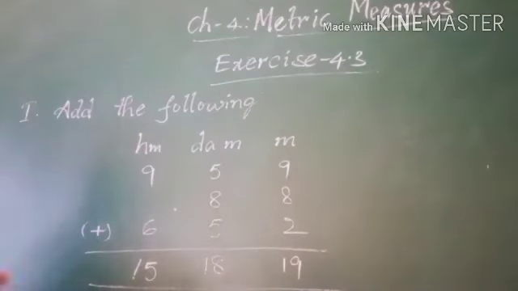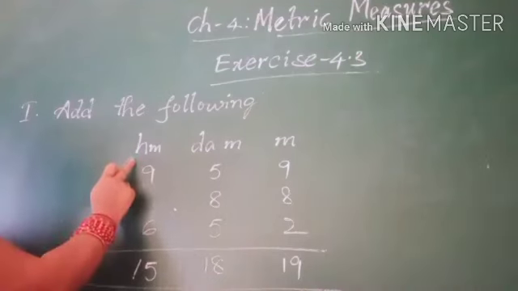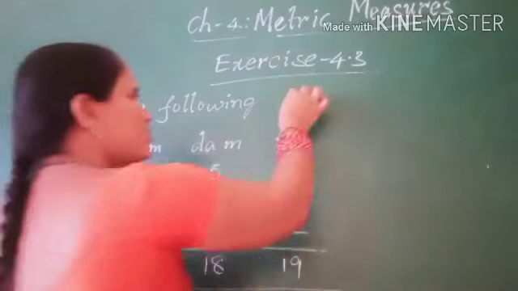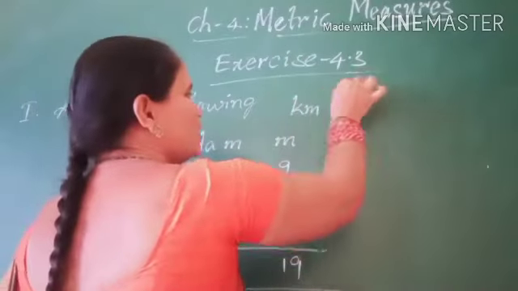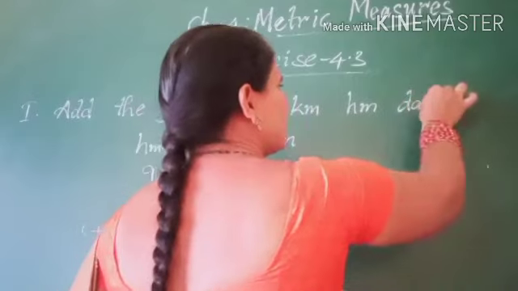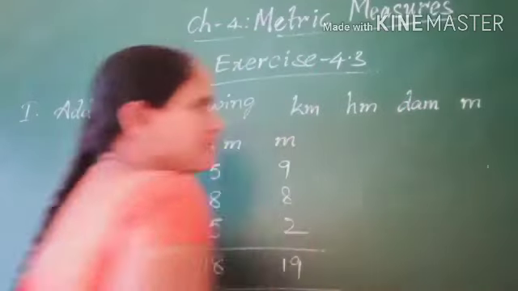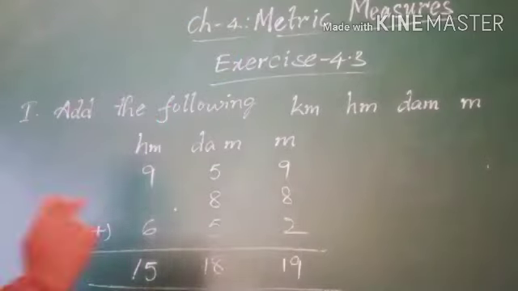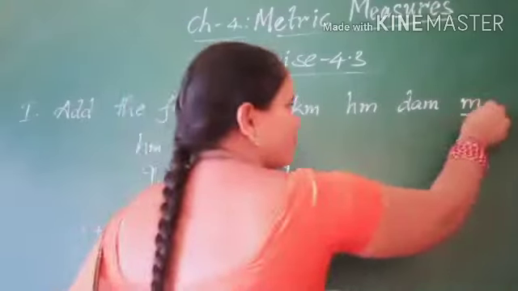If you want to convert into meters, which units do we have to convert here? Hectometers and decameters. Already we know the units: kilometer, hectometer, decameter, meter, later decimeter, centimeter, millimeter. We are converting to the standard unit of length.